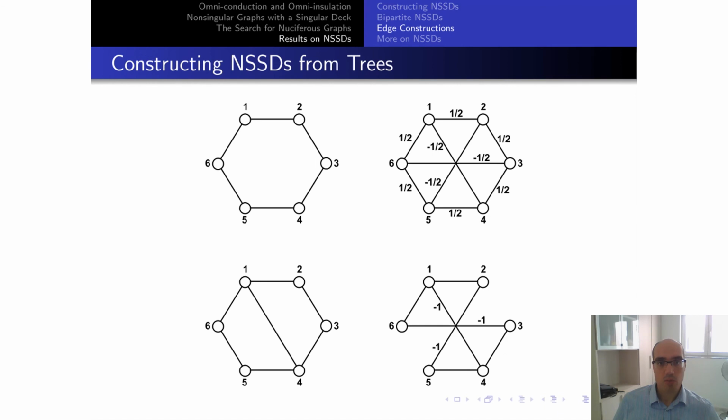For example, here we can add edge 1, 4 now, because this edge is not of weight -1 this time, and there is no common neighbor for 1 and 4 in the inverse, so that's fine. We can now, for example, delete edge 2, 3.